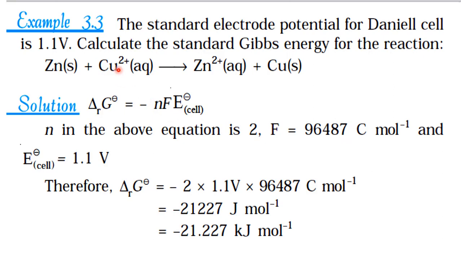See here, copper plus 2 is converting into copper, that means 2 electrons, so the n value is 2. Just put those values here: n value is minus 2, F value 96,487, E naught value 1.1. After multiplying these three values, you will get minus 21.227. I don't think this is difficult, it's a direct problem.